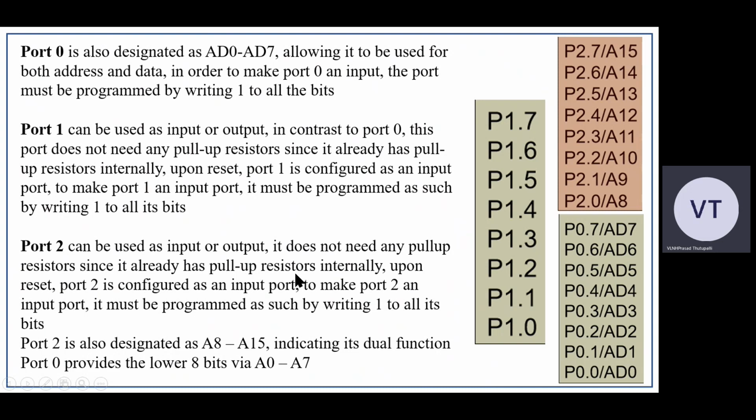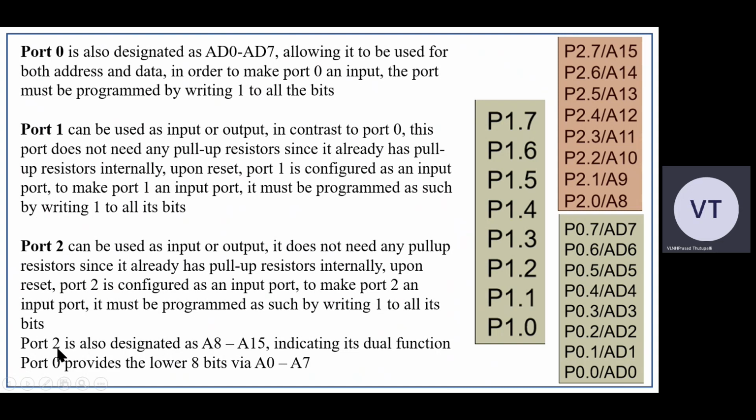Internally, they'll be having connection with the pull-up resistors for port 1, port 2, and port 3. Port 2, in order to use this port as input port, you have to make each and every pin equal to 1. You have to set each and every pin, such by writing ones to all its bits.